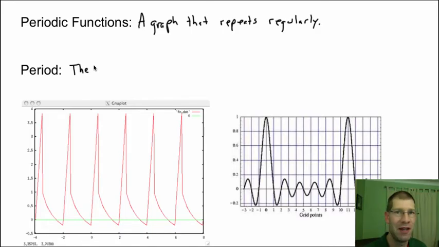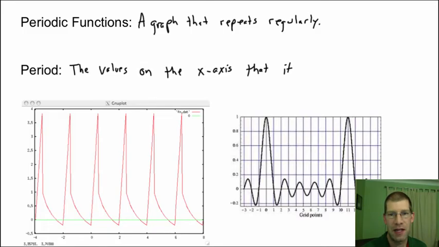If it's time, the x-axis, then it'd be time. If it's distance, then it'd be distance. But maybe we'll say value, or the values on the x-axis that it takes to repeat.